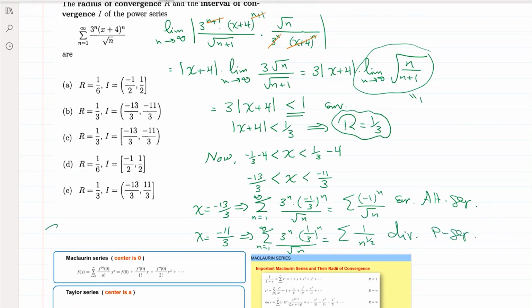So the interval of convergence is closed at minus 13 over 3, up to minus 11 over 3, which is open.